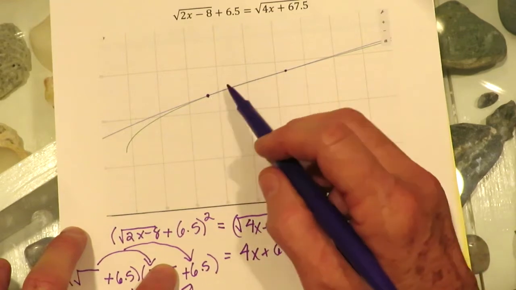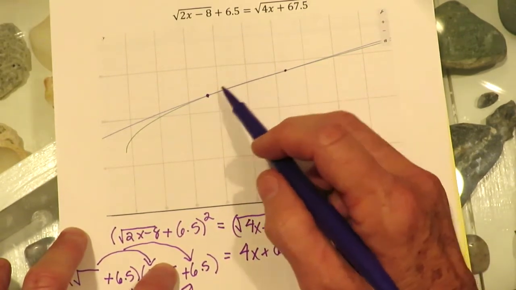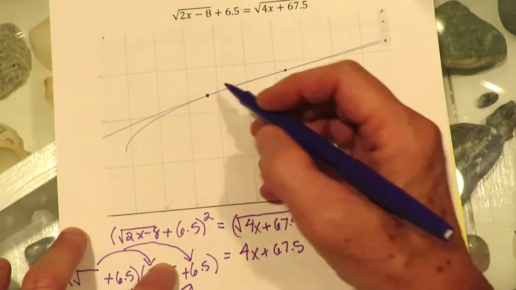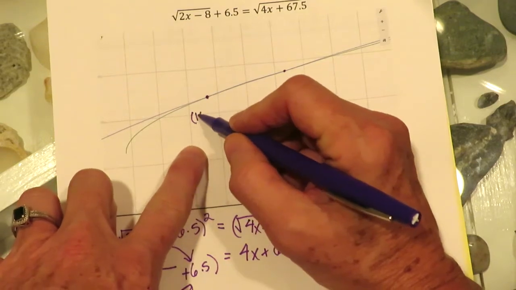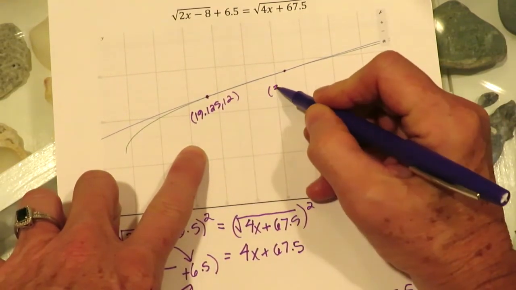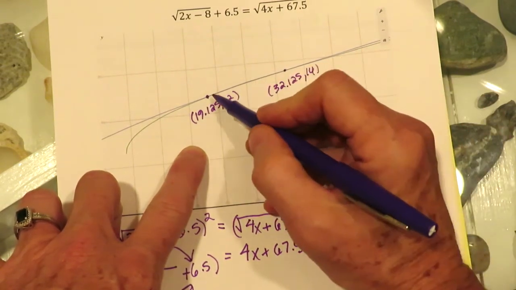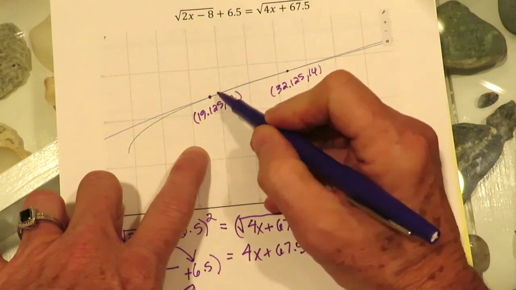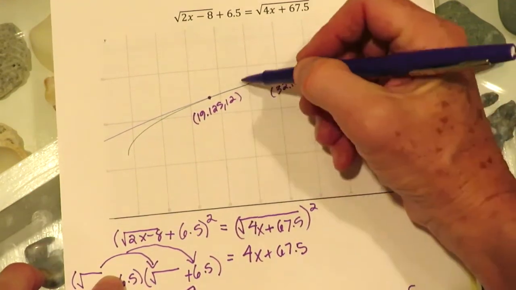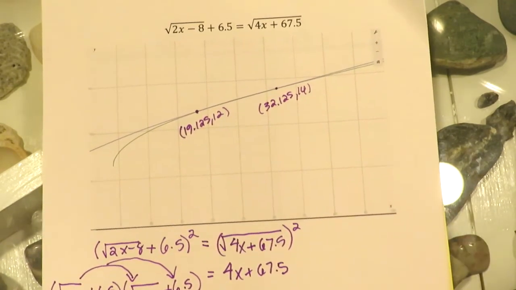It's just the graphs are so close together in that area that they look like they're simultaneous for all of these points, but I'm intersecting here at 19.125, 12 and at 32.125, 14. And if I zoomed in, I would see that they're separated just slightly in between those 2 points, and the only intersections are those 2 points.